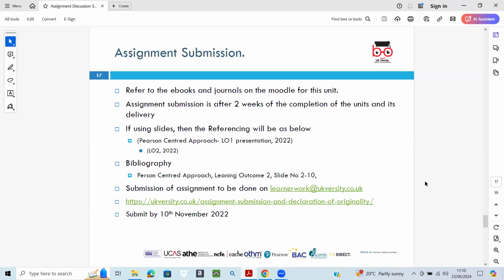Here we have the assignment submission details. We need to refer to the ebooks and journals on the Moodle for this unit. You can go through the Moodle and read the ebooks and journals available there, and you could also use different sources, such as books, ebooks, or journals.